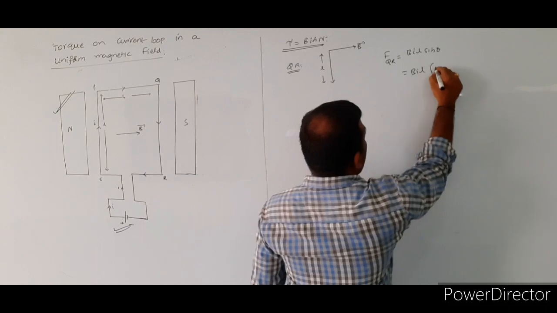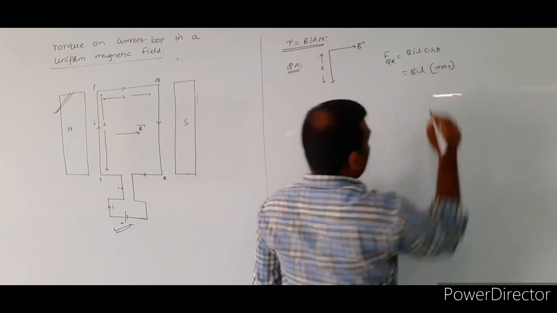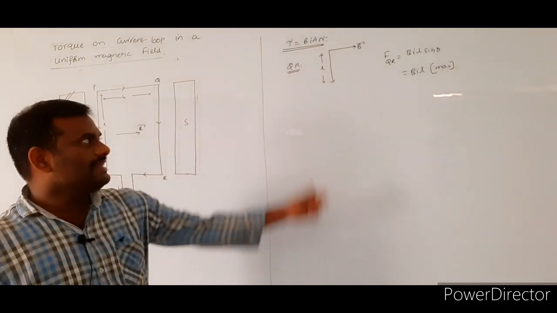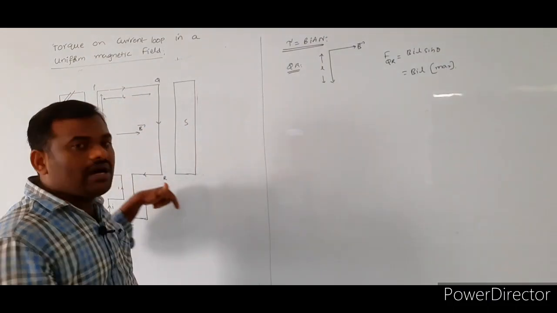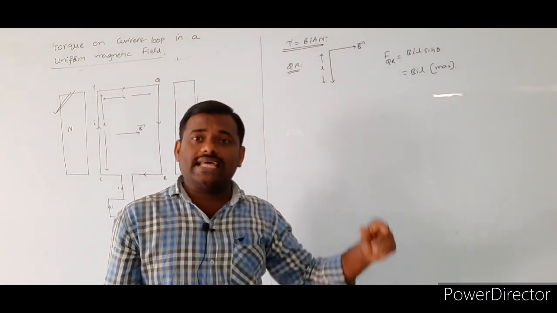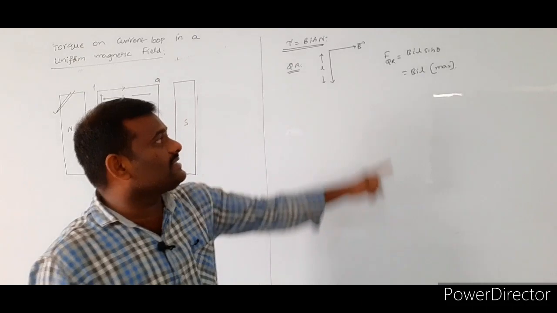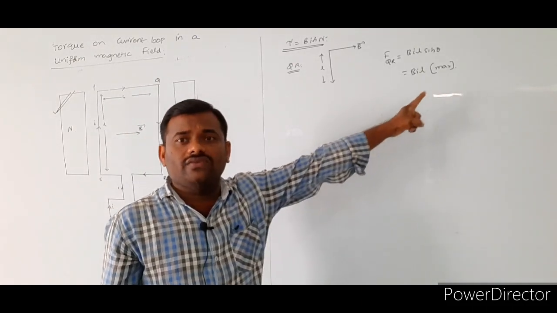So the force value is F is equal to BIL. That means the side QR experiences the maximum force.